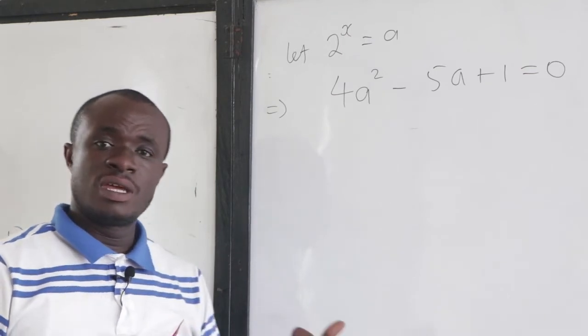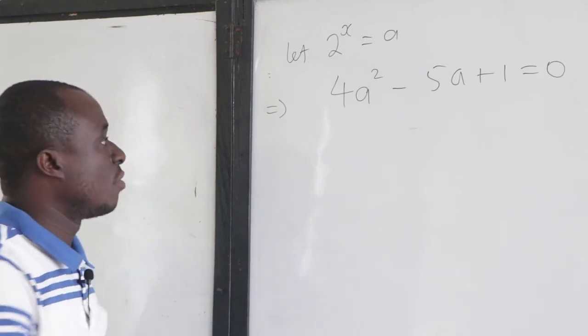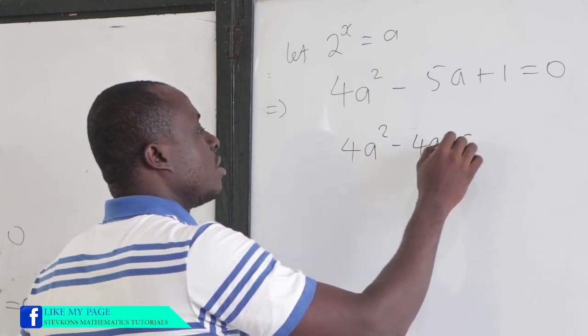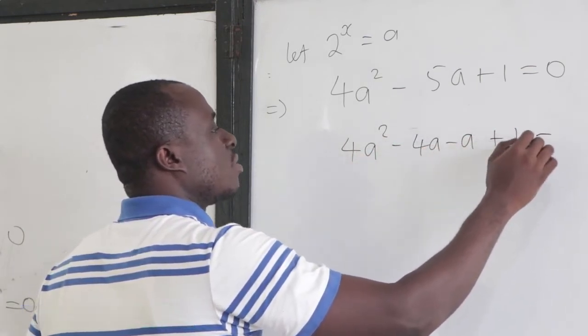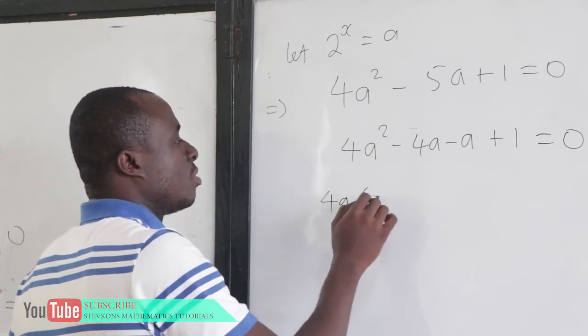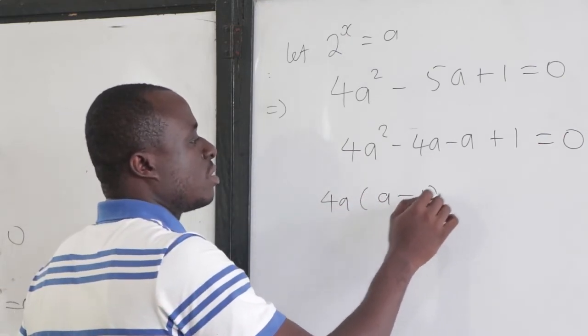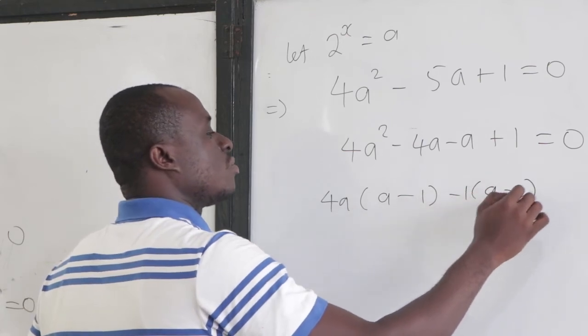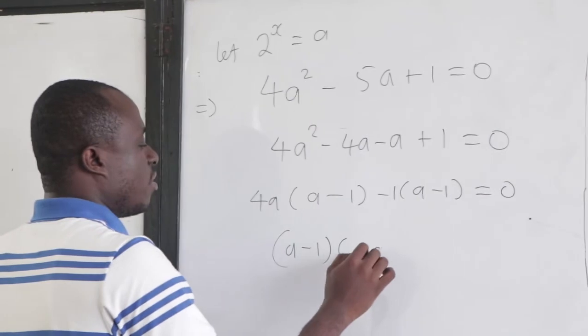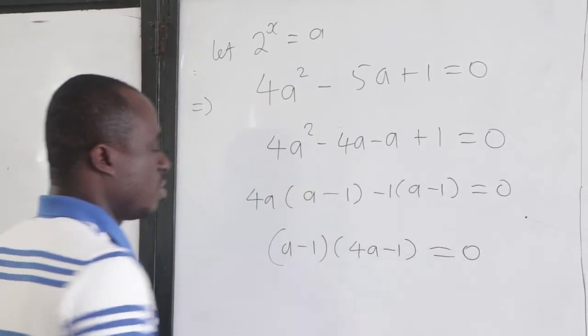So this is negative 4 and negative 1. So 4a squared minus 4a minus a plus 1 equal to 0. What is common? 4a is common. So you have a minus 1, minus 1, you have a minus 1 equal to 0. A minus 1, 4a minus 1 equal to 0.